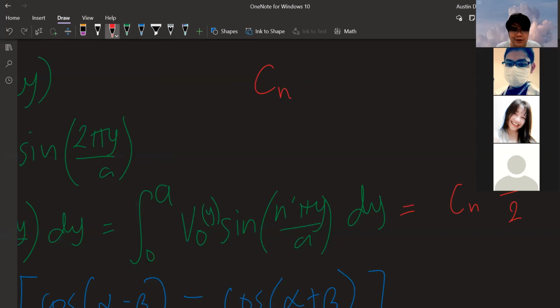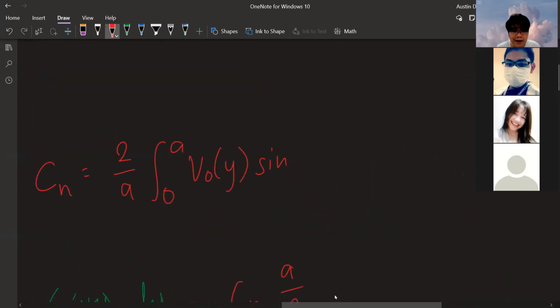Okay. So, we have Cn is equal to 2 over A, the integral of 0 to A of V naught of Y multiplied by sine of n pi y over A dY.